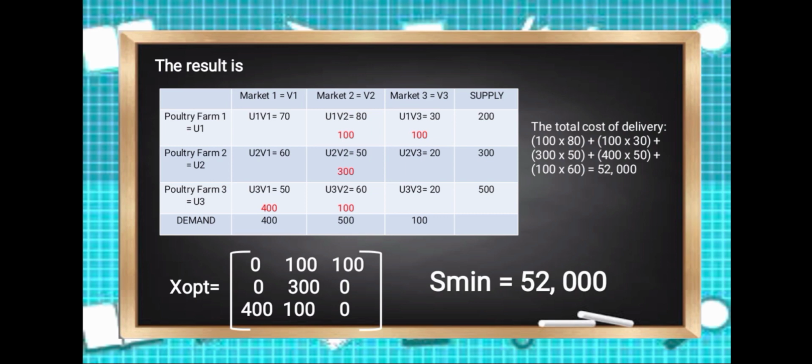And in poultry farm 3, we can deliver 400 bags in market 1 and 100 bags in market 2, so that the minimum total cost is 52,000. So that's how you should calculate in every transportation problem.